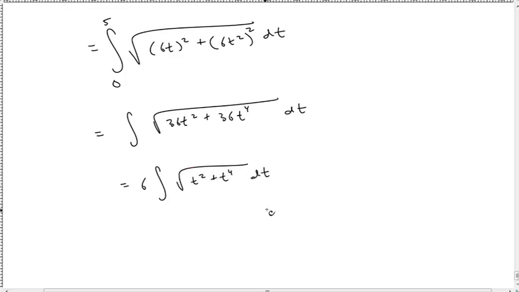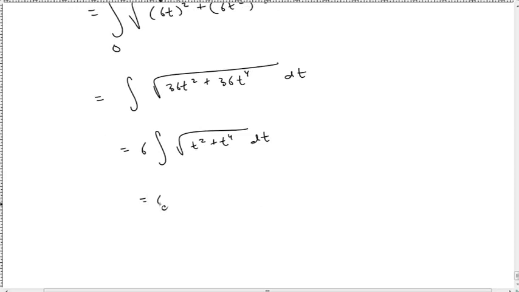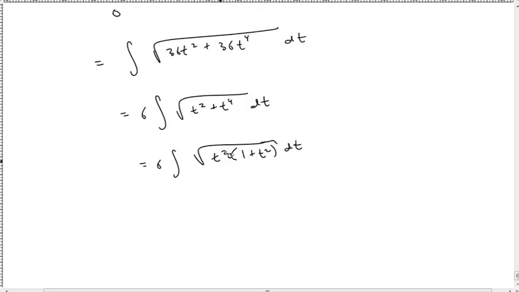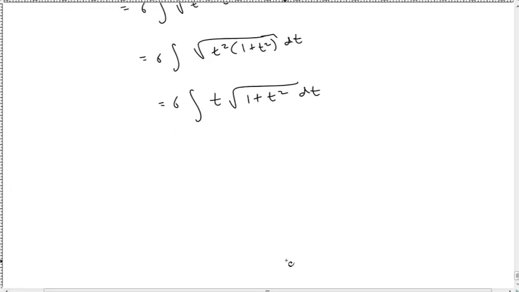Makes that easy. You can actually also factor out a t squared. And so then that's just going to be a regular t on the outside. Again, 0 to 5, of course.